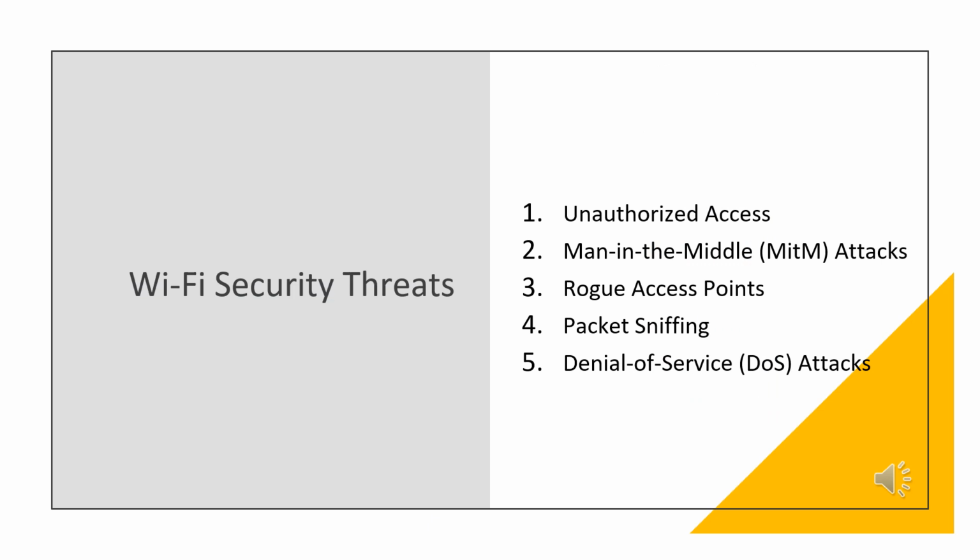Typical Wi-Fi threats are unauthorized access, where an attacker may attempt to gain unauthorized access to Wi-Fi networks by exploiting weak or default passwords, brute forcing credentials, or bypassing encryption mechanisms.